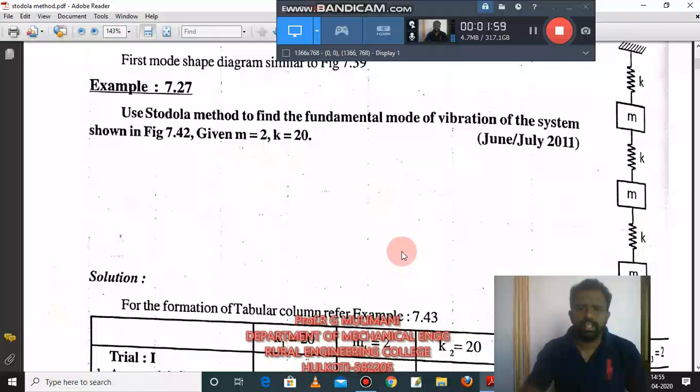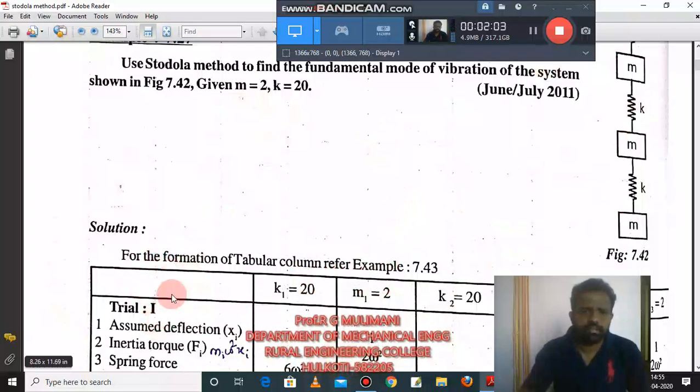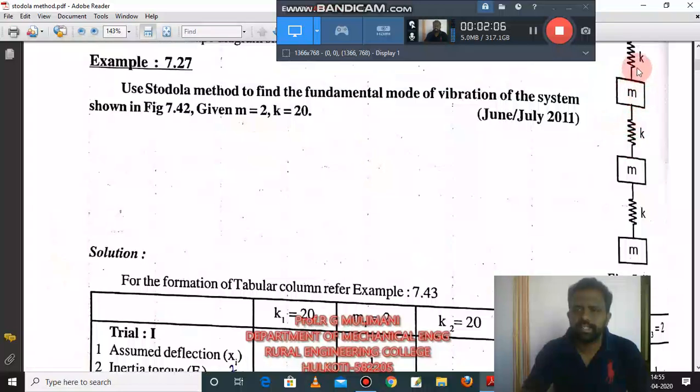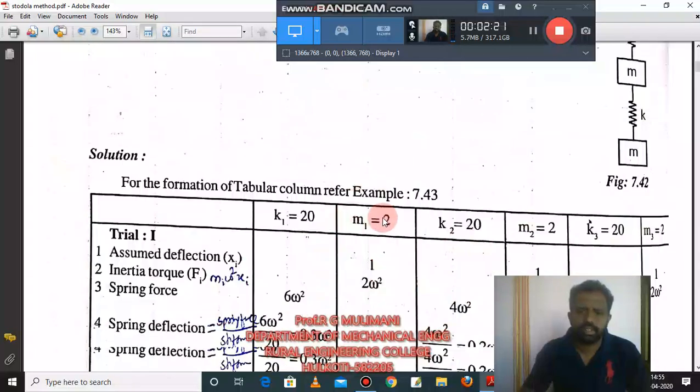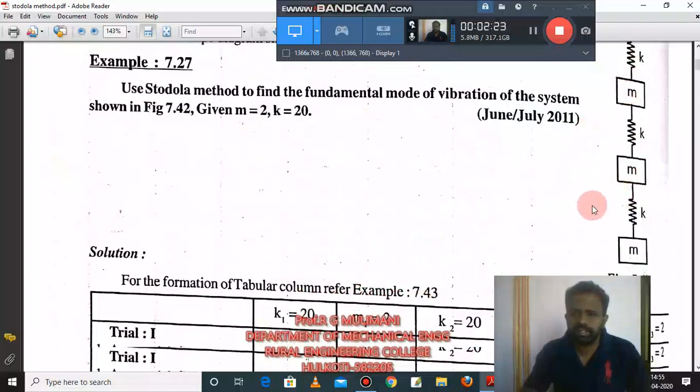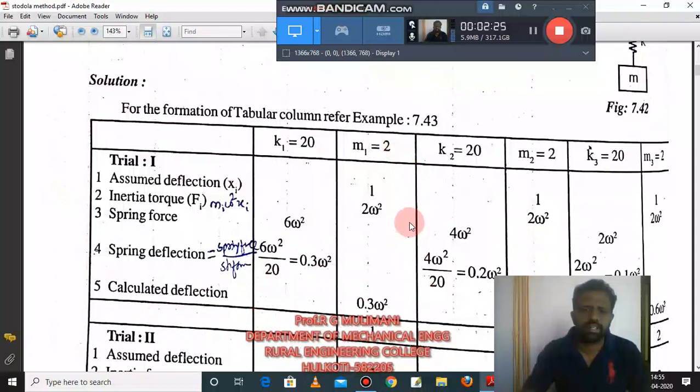Then you take all the values here. The first column is for the particulars, then the first spring, K1, then mass 1, then stiffness 2, spring 2, mass 2, spring 3 and mass 3. So a total of 6 elements, so 6 plus 1 columns.